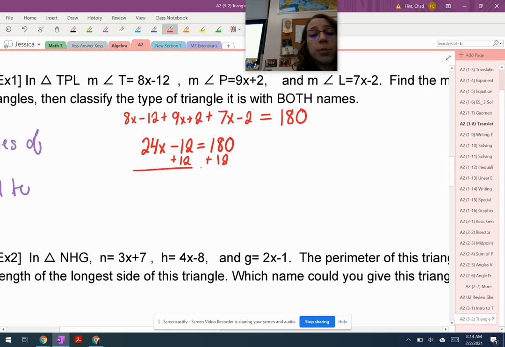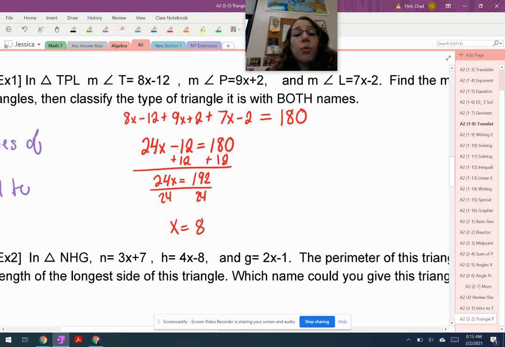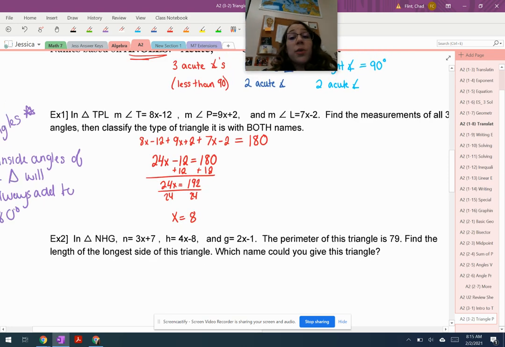Add that 12 to both sides, 24x is equal to 192. Divide by 24, and we find out that x is equal to 192 divided by 24, which is a nice 8.